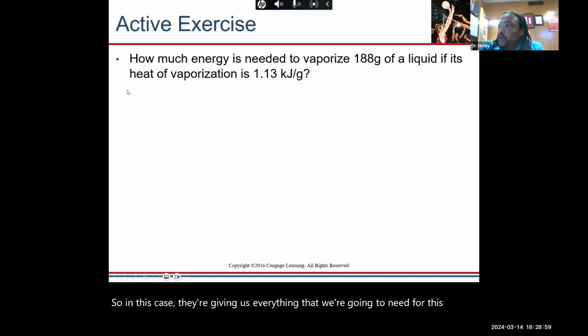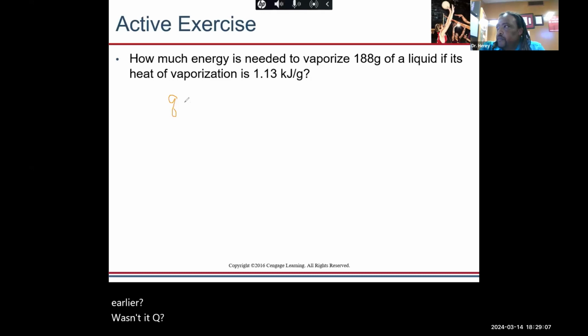If we take a look at our equation, what was our equation earlier? Wasn't it Q equals m delta H? Okay. So we have everything that we need in this case.